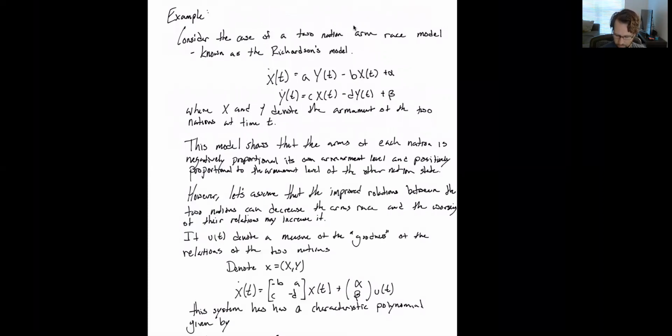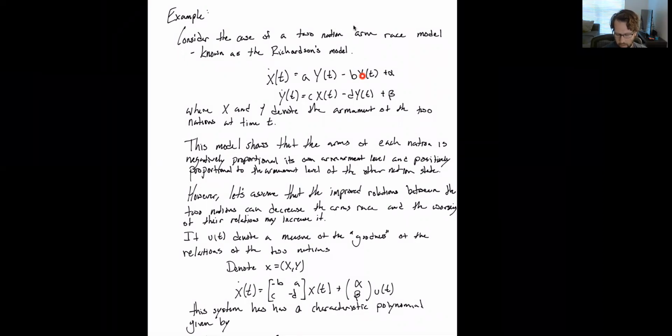So if we look back at this equation, B and D are how the nation states are decreasing their armaments with respect to each other, and A and C are how they're increasing their armaments relative to the threat from each other.